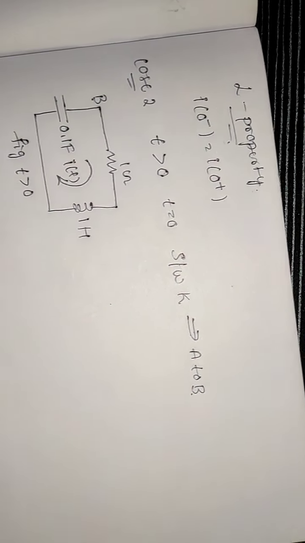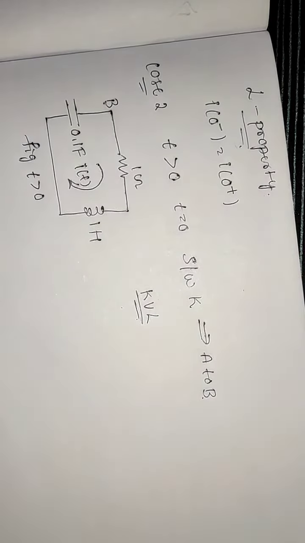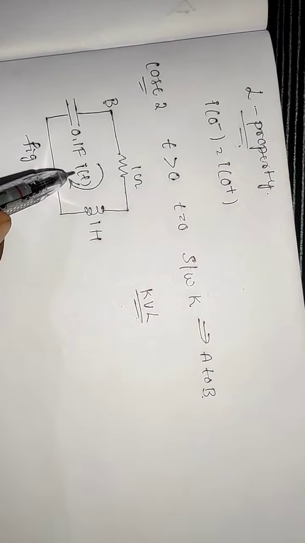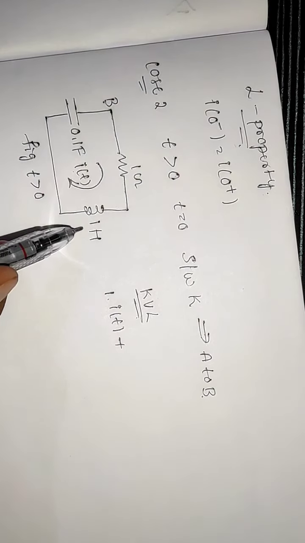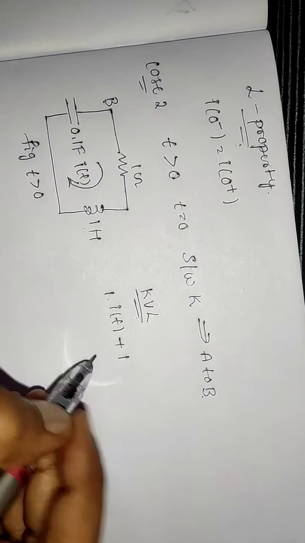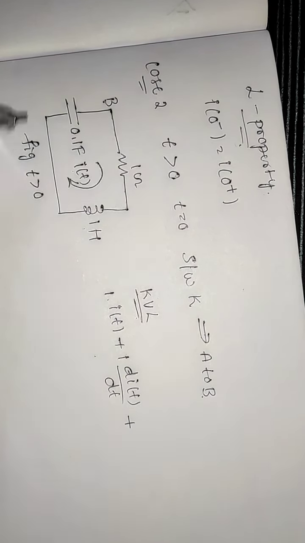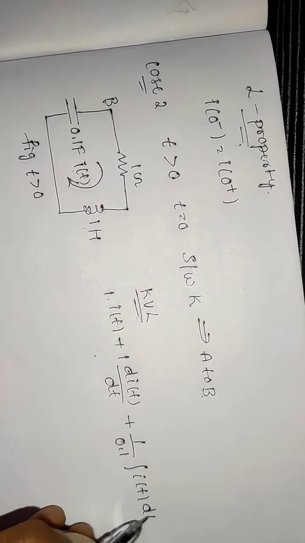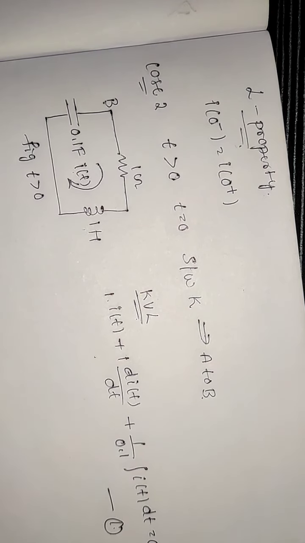Applying KVL to the loop: the resistor is 1 ohm, the current is I of t, so 1 into I of t, plus the voltage across the inductor, 1 Henry into di(t)/dt, plus across the capacitor, 1 divided by 0.1 times the integral of I of t dt, equals 0. Consider this as equation 1.